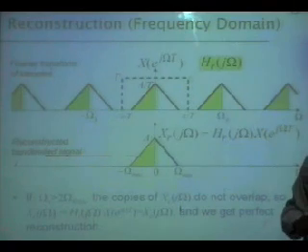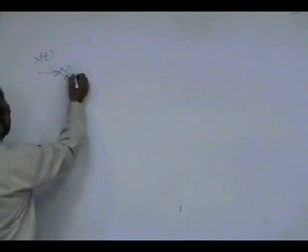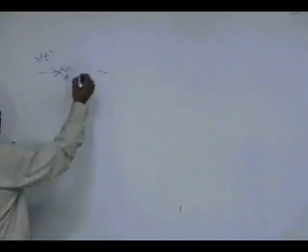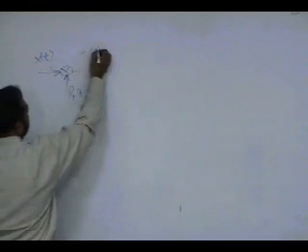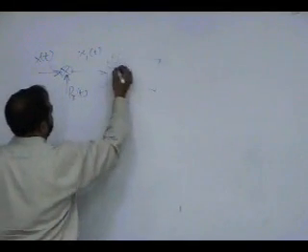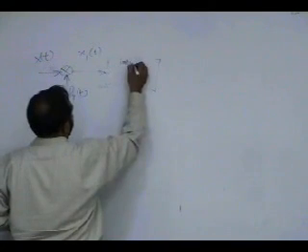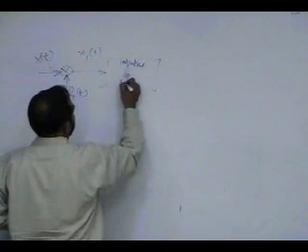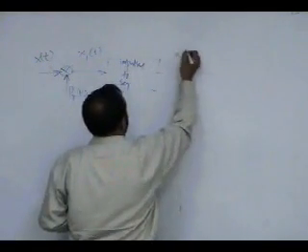Now let me just recap what we have done here. While learning about the continuous to discrete time conversion, you remember, you take x of t, you take a train of impulses, you multiply them together, you get x delta of t, then you convert these impulses to a sequence, and that will give you x of n.